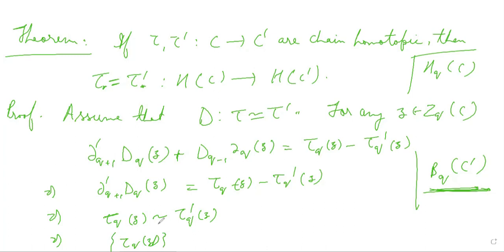Because they have the same homology class, tau prime_q z has the same class, but this means tau star of z is equal to tau prime star of z. So this proves that they are equal. This completes the proof.